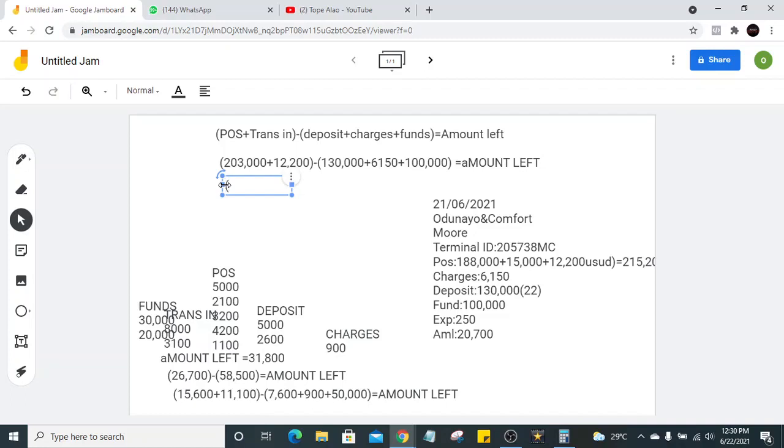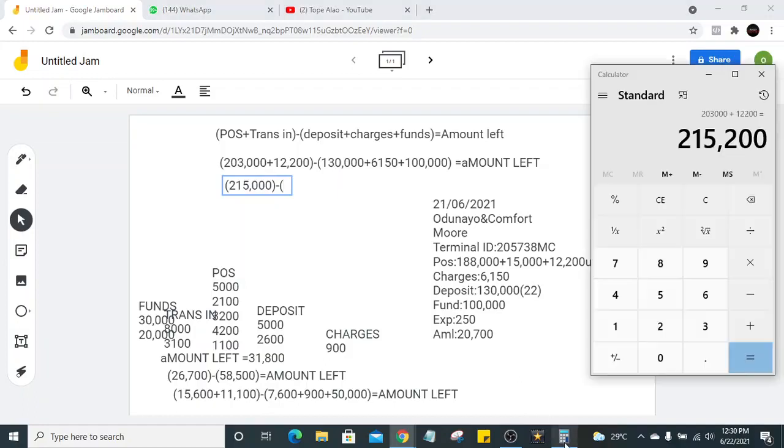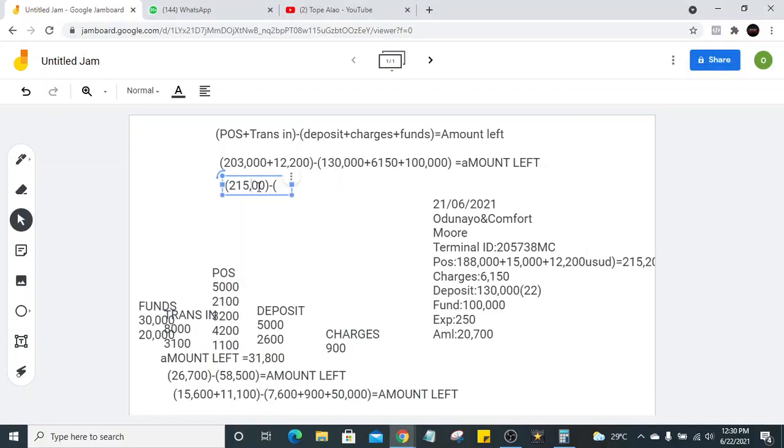Don't let us miss that. So bracket again: you add 130,000 plus 6150.